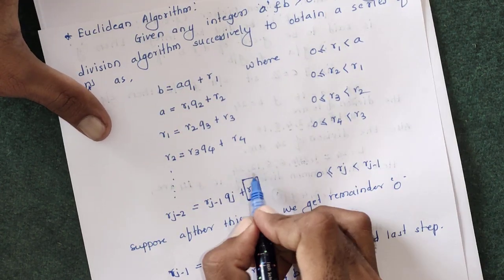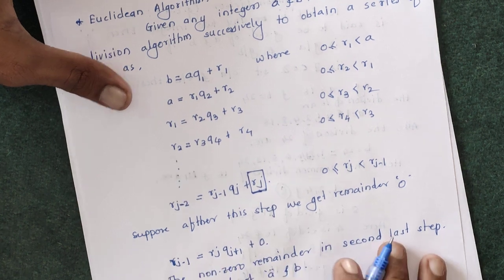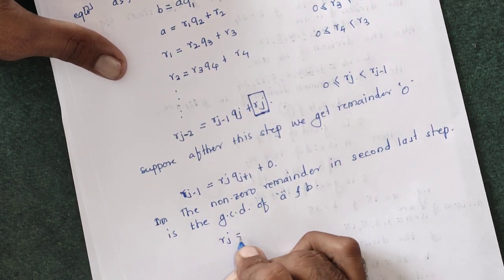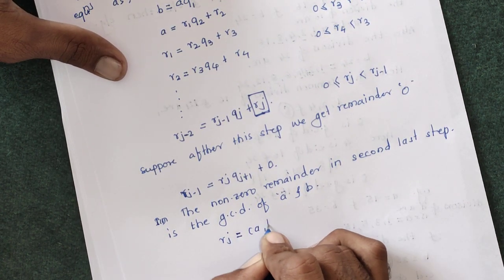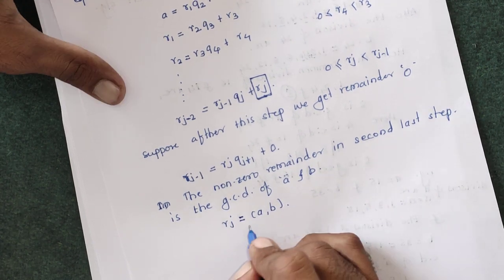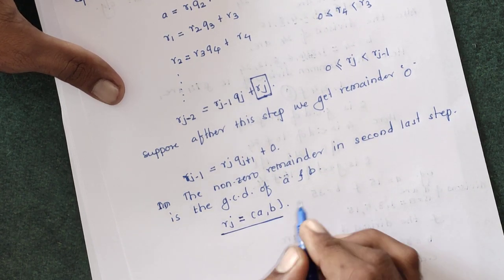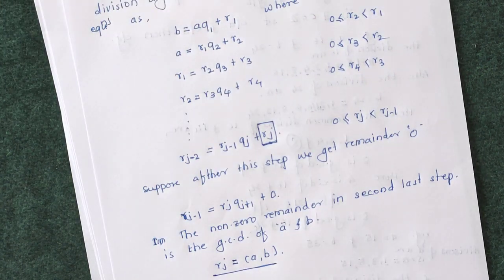Here Rj is the non-zero remainder in the second last step, and Rj is the GCD of A and B. This is the Euclidean algorithm.